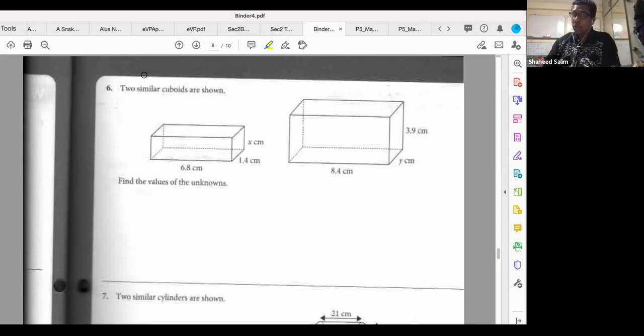So I got a ratio, simplest form is 21/17. That's my simplest form.